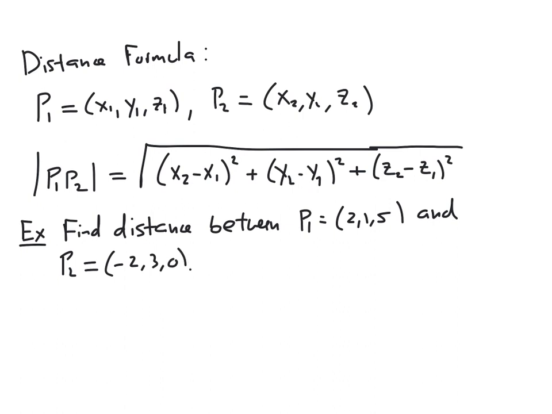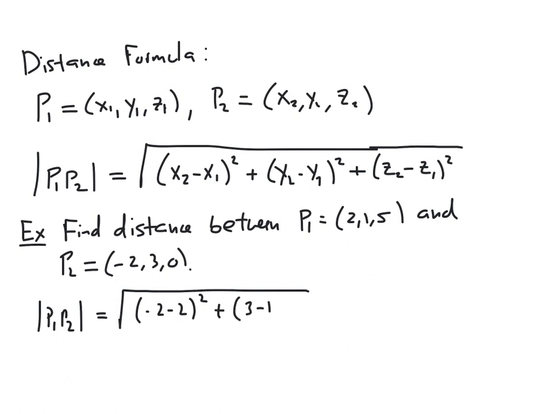Right, so we have 2 points in 3 space. We want to find the distance between them. And so the formula tells us exactly how to do this. We subtract the x values and square that. So -2 minus 2 squared. We add to that the difference of the y values squared, so 3 minus 1 squared, plus the difference of the z values, 0 minus 5 squared.